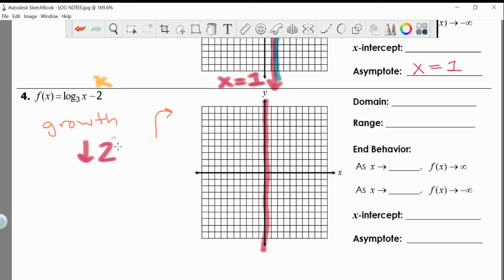So this number 2 is not affecting our asymptote. Make sure you're cool with that. We're still growth. The difference this 2 makes is going up. Instead of going up about 0, we're just going to go up a little bit sooner, right? We're going to go up about -2. Maybe it looks like that, right?